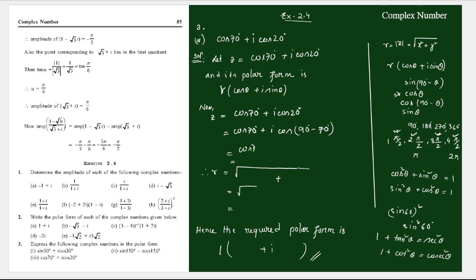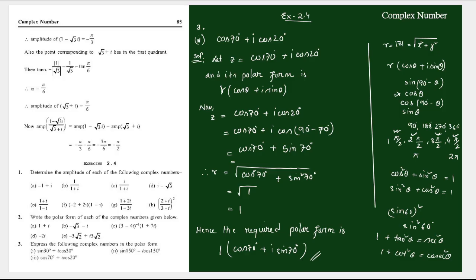So cos 70 will be plus, and cos will change into sine 70. So this is cos 70 degree plus i sine 70 degree.